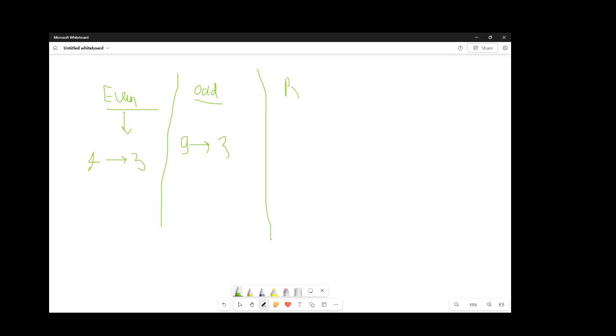And if the number is prime, let's say the number is 11. So for 11, think of all the possible cases for this number. What would be the maximum divisor of 11? Obviously, it would be 1.